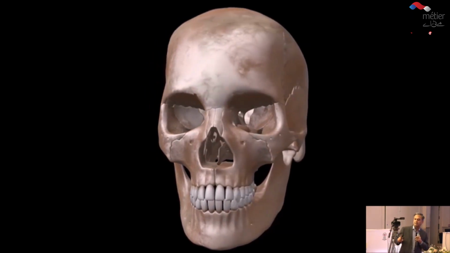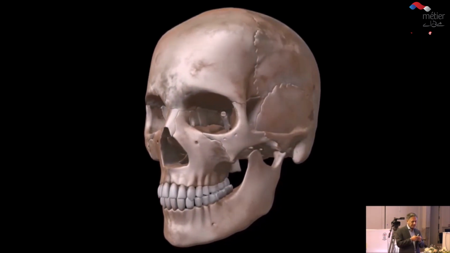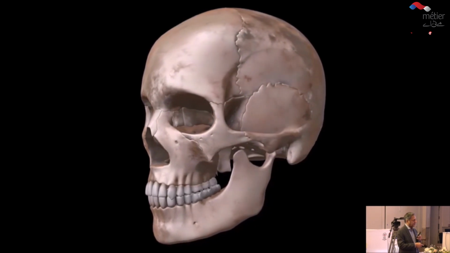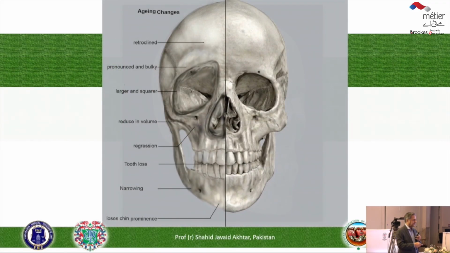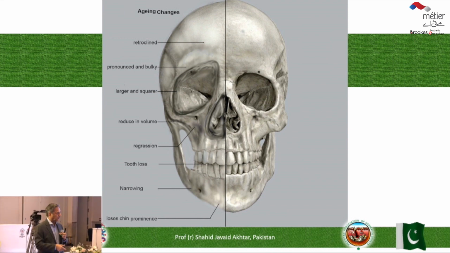And this is the main framework over which all layers of the face lie, and the most important changes with aging occur in this skull. The skull itself becomes atrophic and shrinks, and there is especially retrusion in the maxillary area and the mandible. This resorption of bone gives the impression on the surface of the skin of a cadaveric look.